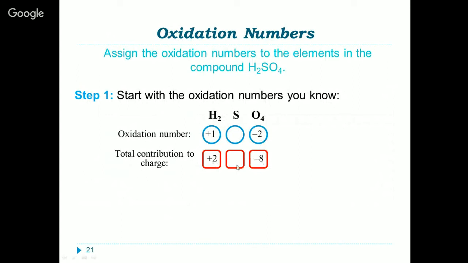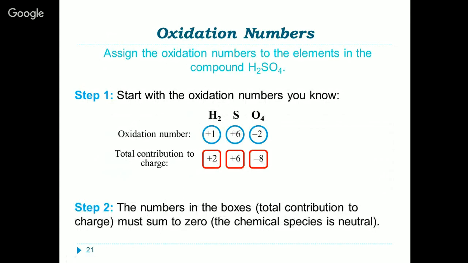So 2 plus a number all has to add up to 0, which means sulfur has to be a +6. So this is, once again, looking at assigning our charges, making sure we're looking at the periodic table, following those rules, and then simply saying all of these charges have to add up to 0 because overall my molecule is neutral.